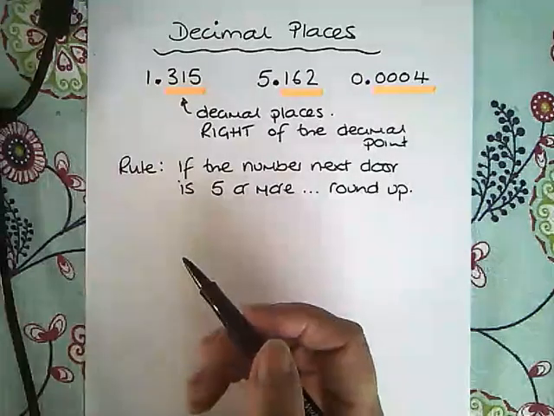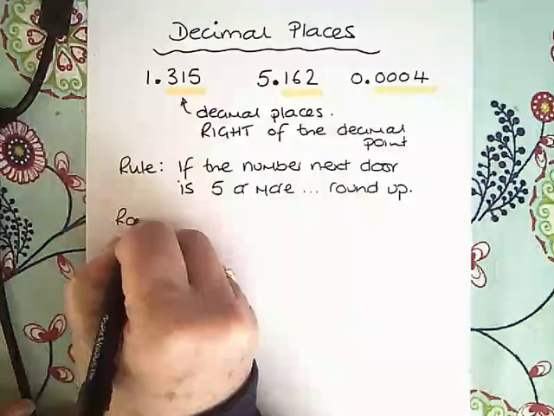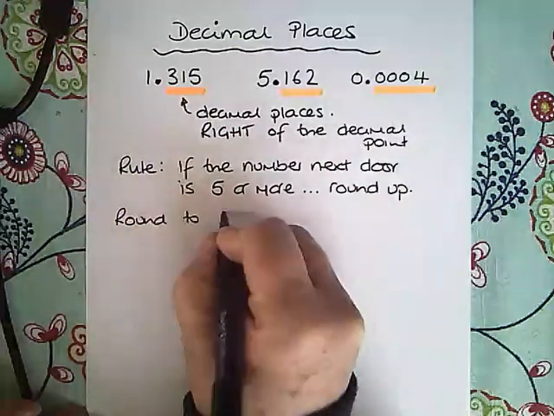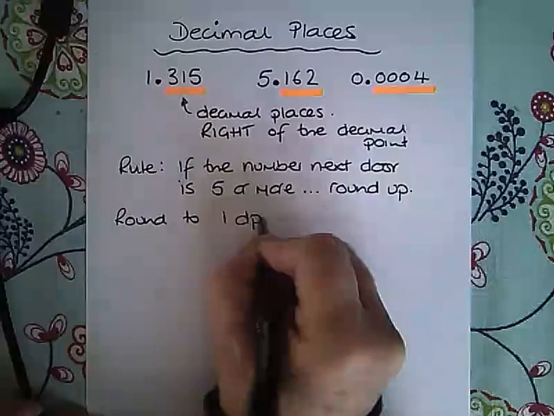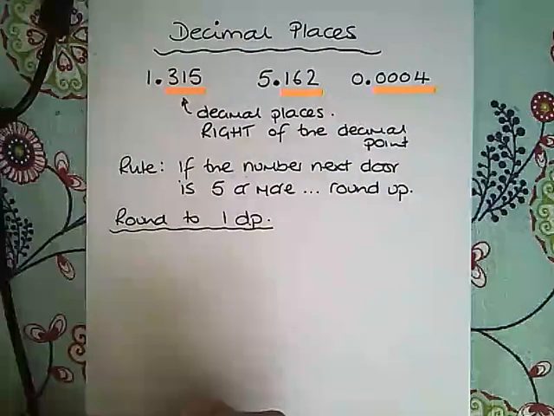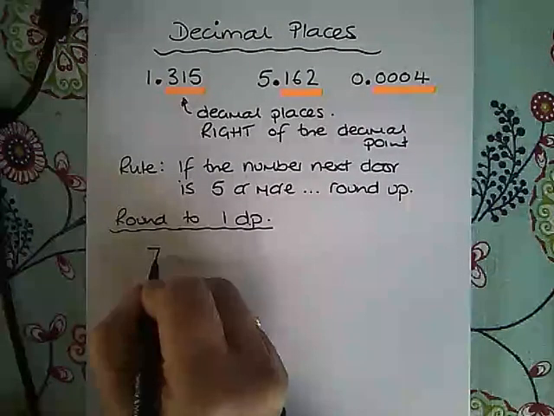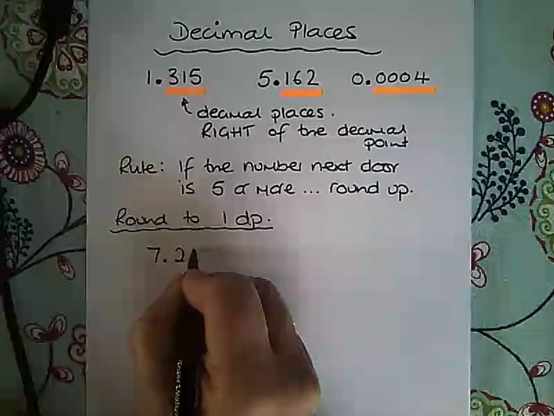So let's have a look at an example when we are asked to round to 1 decimal place, and that's usually abbreviated to 1dp. That means we only want to have one number to the right of the decimal point. I'm starting off with the number 7.23.